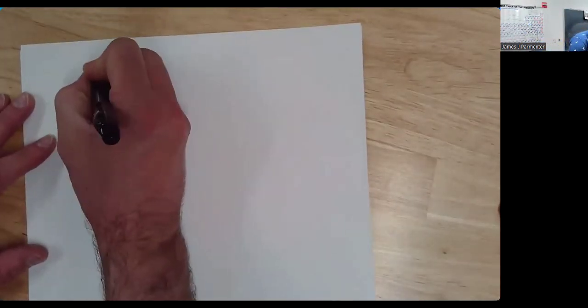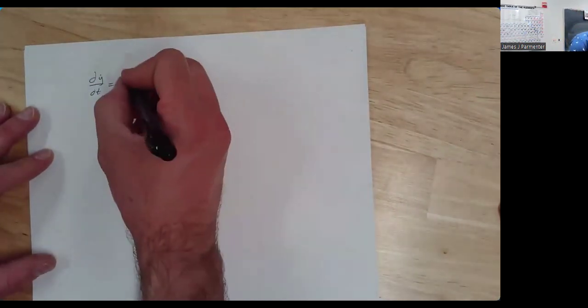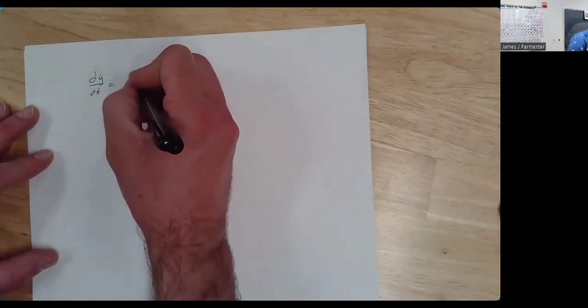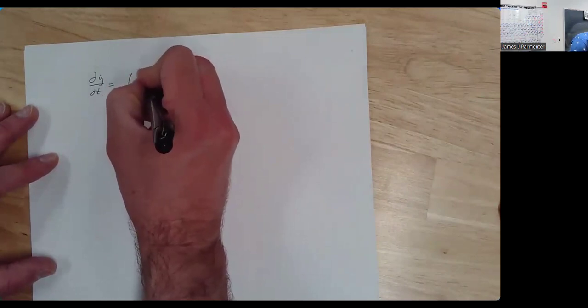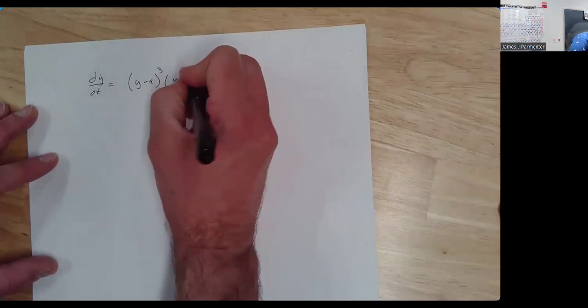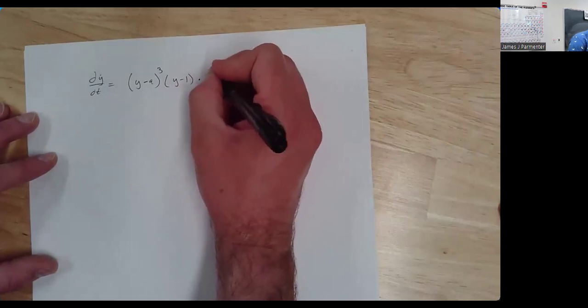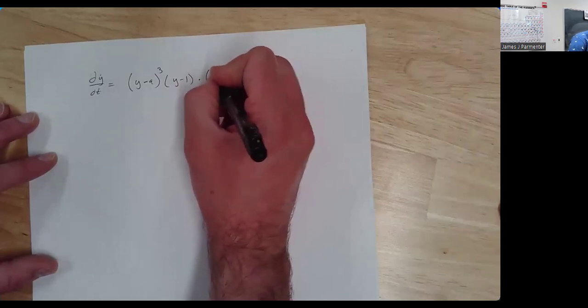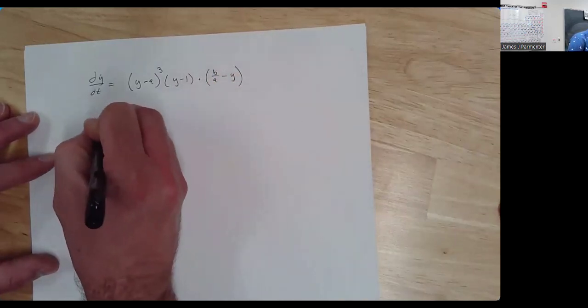Let's see if I can make something up that makes sense. Let's say we're given dy/dt equal to (y minus a) cubed times (y minus 1) times (b over a minus y), where 1 is less than a is less than b.